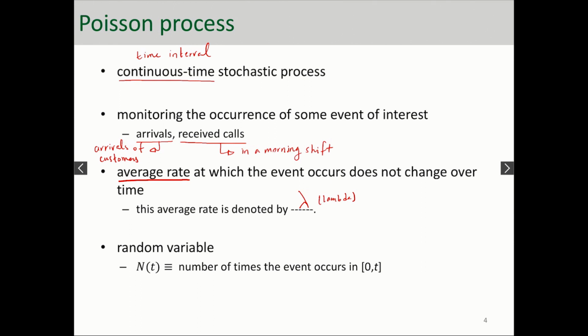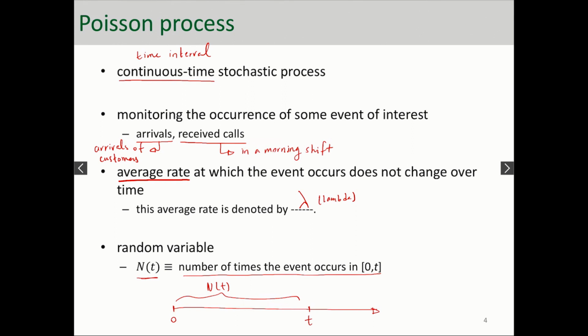The random variable that we're dealing with here is n of t, and n of t is the number of times the event occurs in time 0 to t. You can think of a horizon that represents time, where this is time 0 and this is some time t, let's say 30 minutes, 2 hours, 10 years, whatever. The number of arrivals, or the number of times that any event of interest happens in that period of time, is n of t, and obviously that is going to be random.